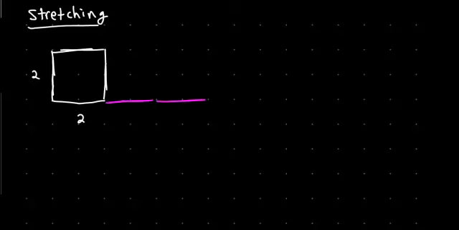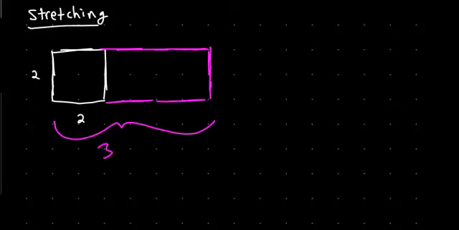Let's just leave that piece alone. We now have a length on the bottom of 3 times 2, which equals 6. Right? 1, 2, 3, 4, 5, 6. And this area here was 4, 2 times 2.